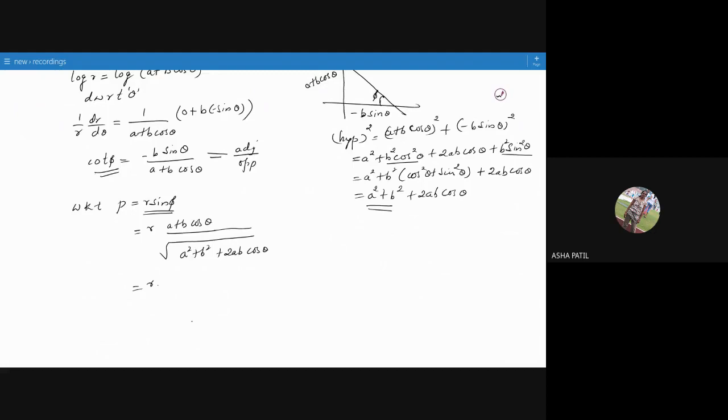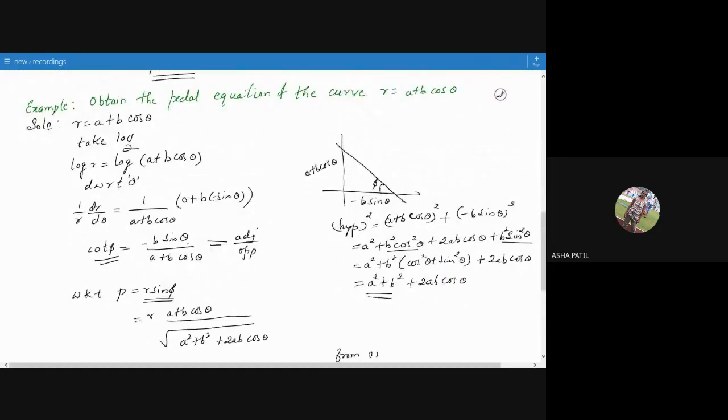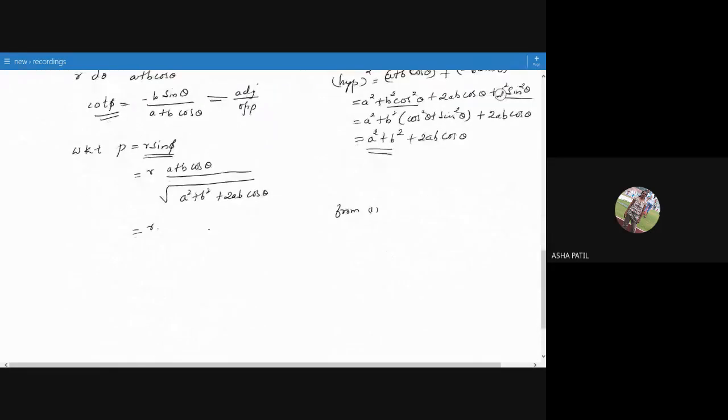Now r, from the given equation, let me call that equation 1, we can write a plus b cos theta is equal to r. From 1, r is equal to a plus b cos theta.